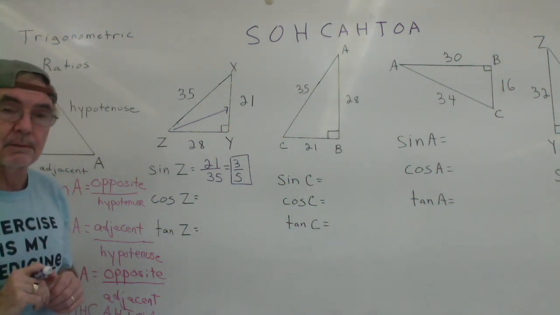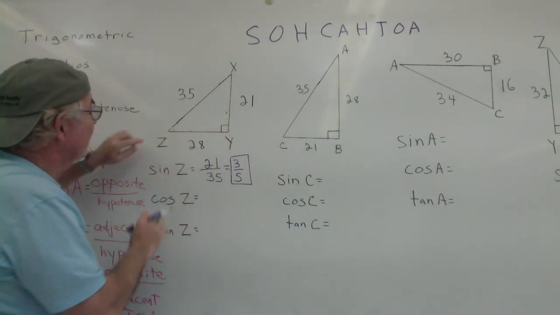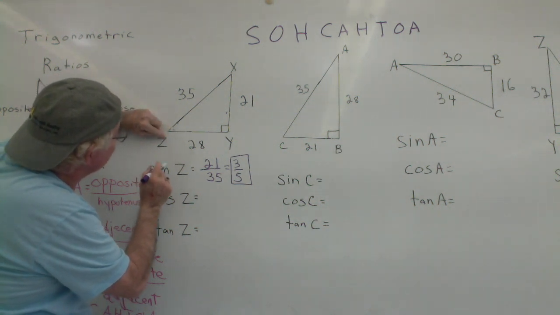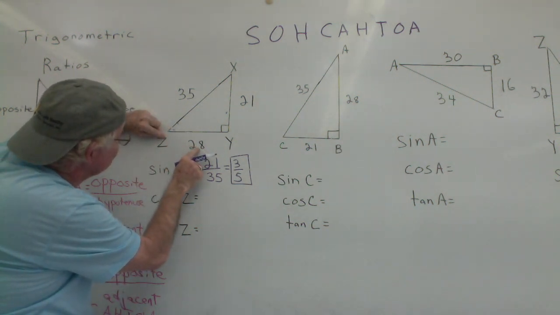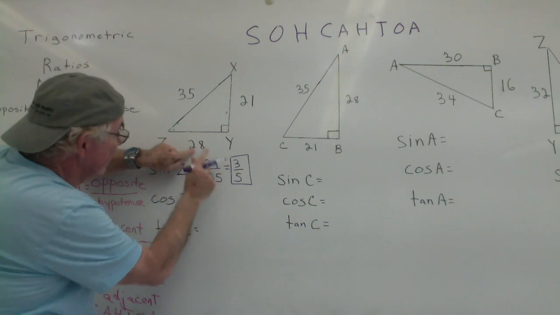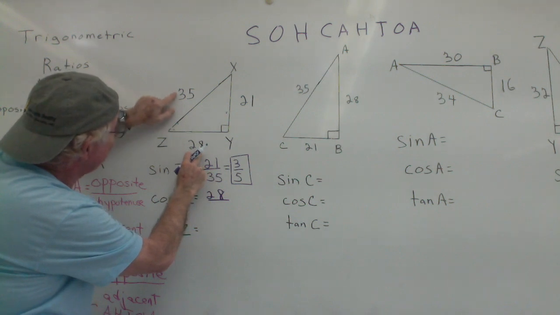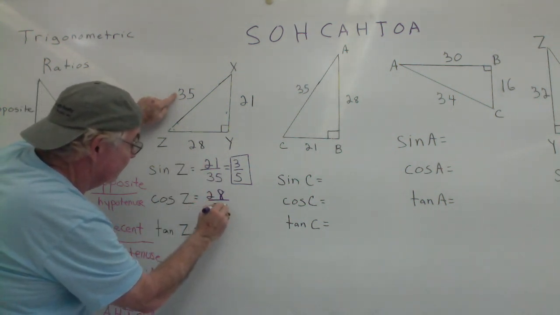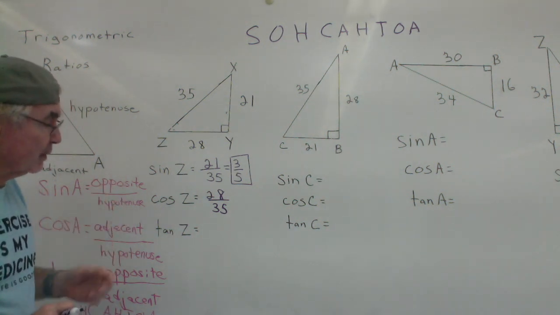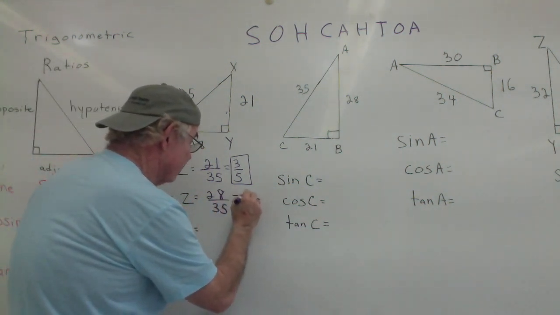Let's look at the cosine. Cosine is defined to be the adjacent. Okay, what side is touching this angle Z? It's the 28, because this is already called the hypotenuse. So it's 28 divided by the hypotenuse of 35, which they're both divisible by 7, reduces to 4/5.